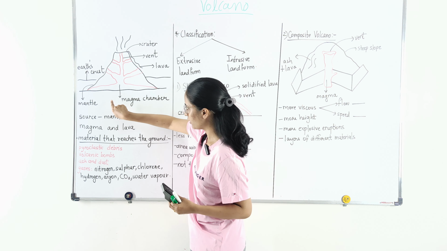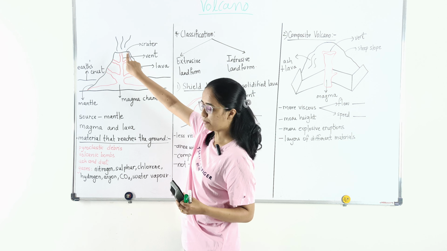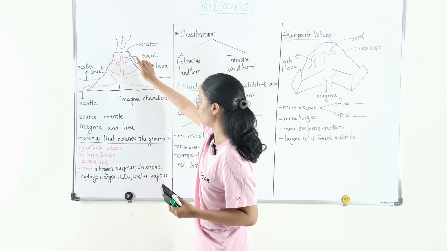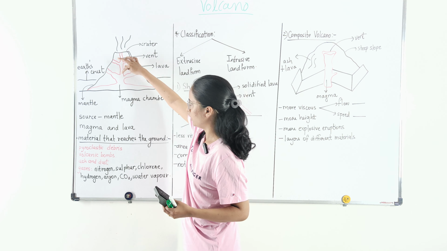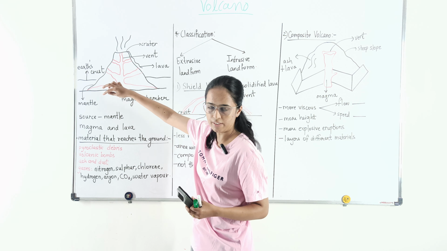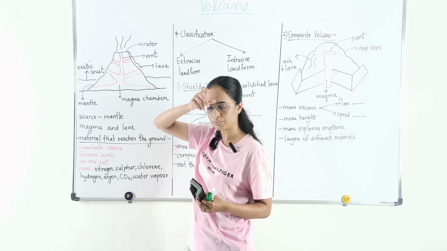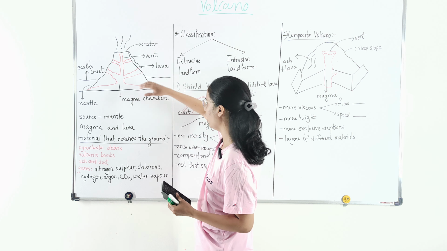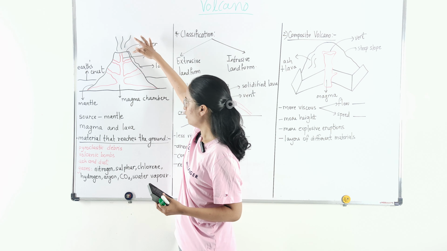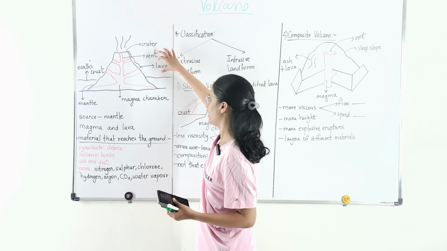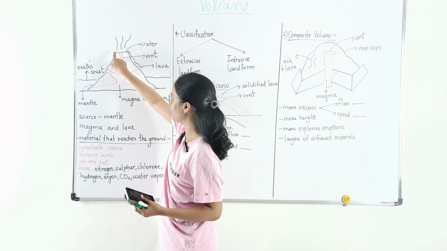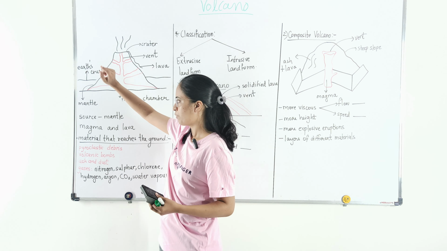From here the magma travels up to the Earth's crust. Now this particular straight pipe-like structure is called as the vent. As the name suggests, vent would be a straight pipe-like structure, and then you have a flowy material which is called as lava, and the opening is called as the crater.